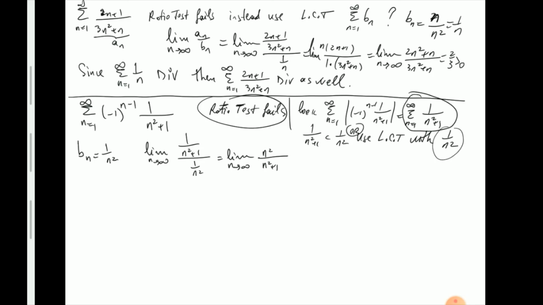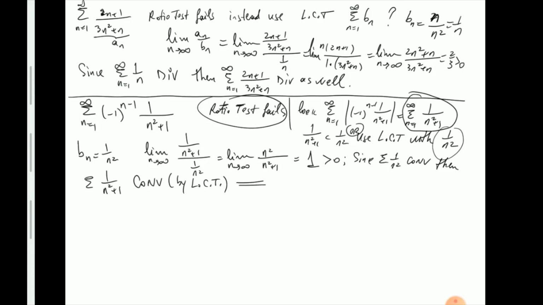And if I'm lucky to obtain the limit to be a positive number, and the limit will be 1, a positive number, then I know that both converge or diverge. So since summation of 1 over n squared converges, then summation of 1 over n squared plus 1 converges, again by the limit comparison test.